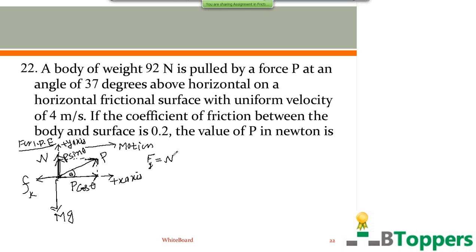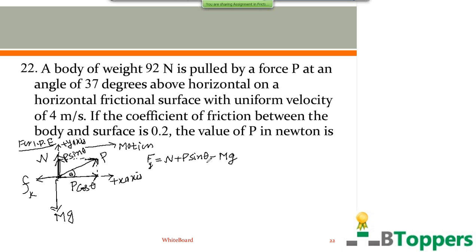Let N represent the magnitude of the normal reaction directed vertically upwards, in the positive direction of the y-axis. The vertical component of the pulling force, with magnitude P sin theta, is also directed along the positive y-axis. The weight mg of the block is directed vertically downwards, in the negative direction of the y-axis.